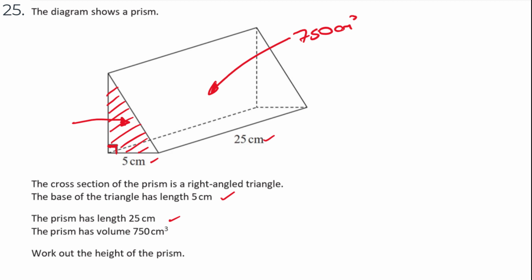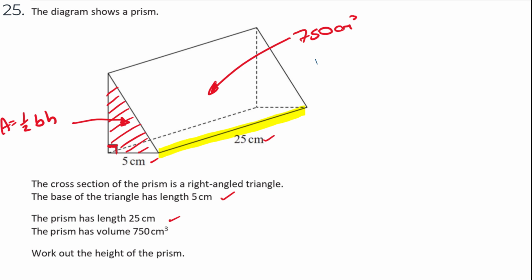And the triangle formula for area is half base times height. So you use half base times height to find the area of that cross section, and then you multiply it by the distance between the front and the back face, which is 25 in this case, and that will give you the volume.